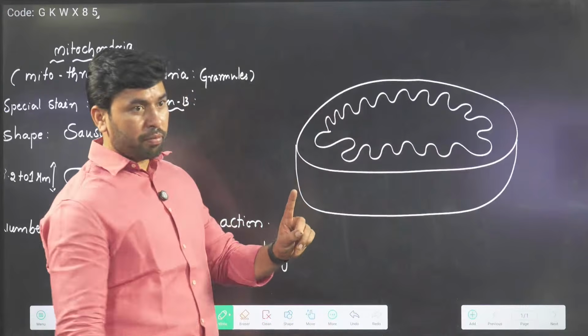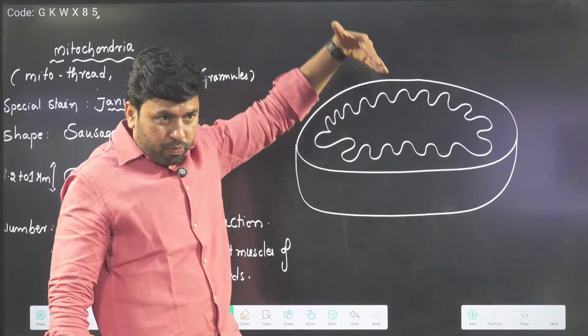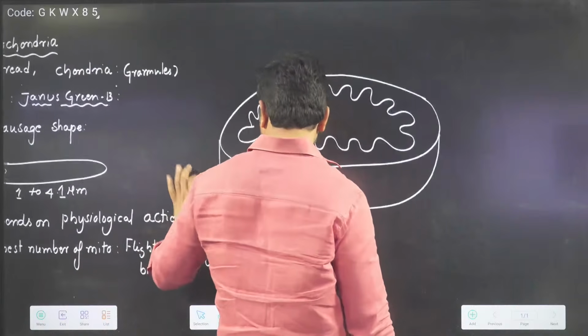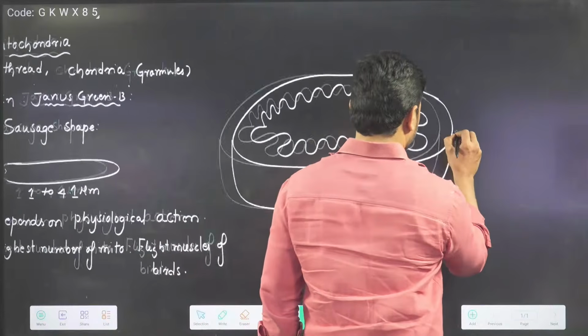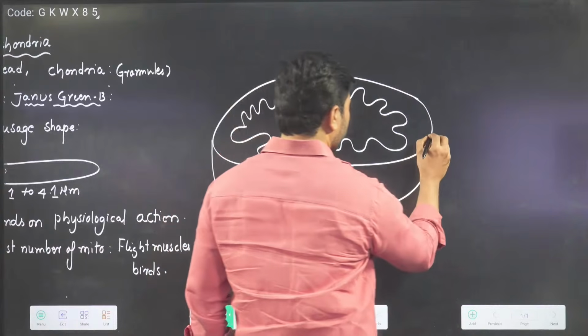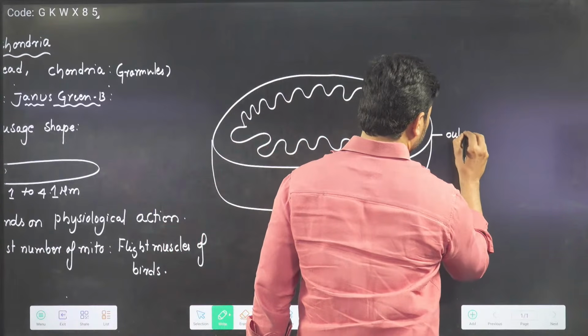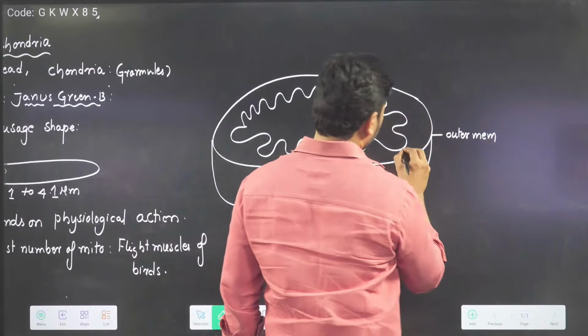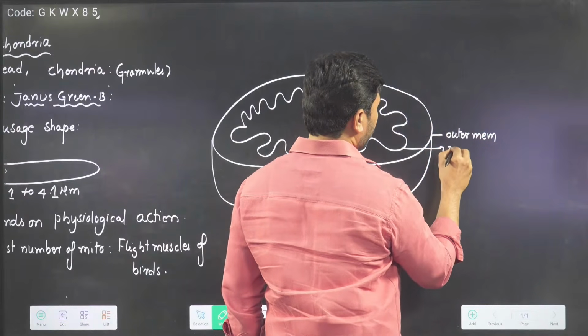I am watching from the top view. This is the outer membrane, which is somewhat smooth, and this is the inner membrane.